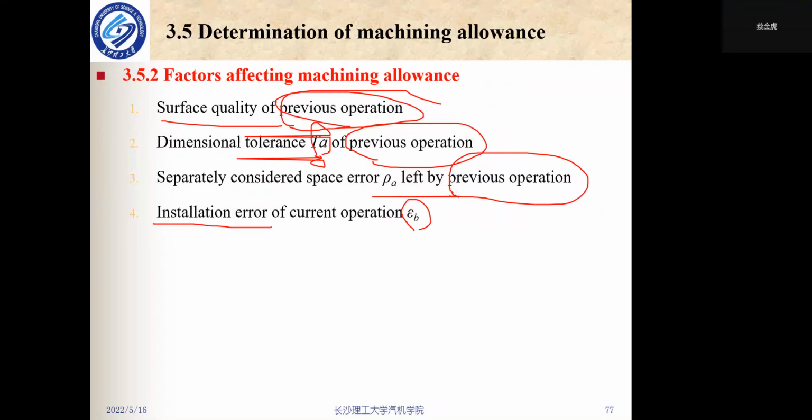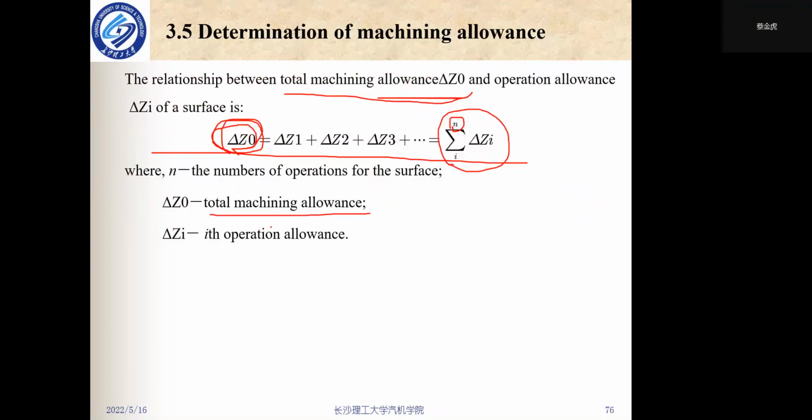So up to now, we have learned the concept of machining allowance and the two kinds of machining allowance, which include total machining allowance and operation allowance. The total machining allowance can be calculated by the summation of operation allowance, which can be calculated by this equation.